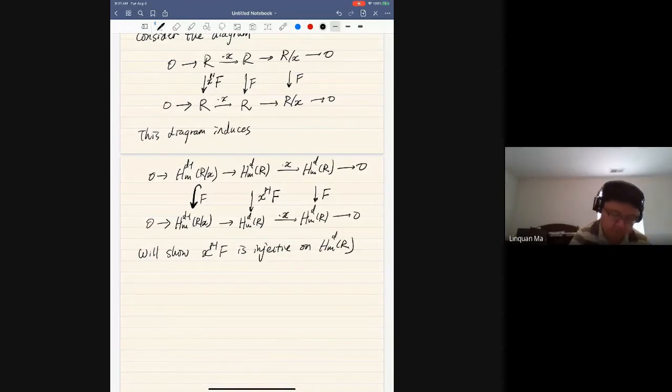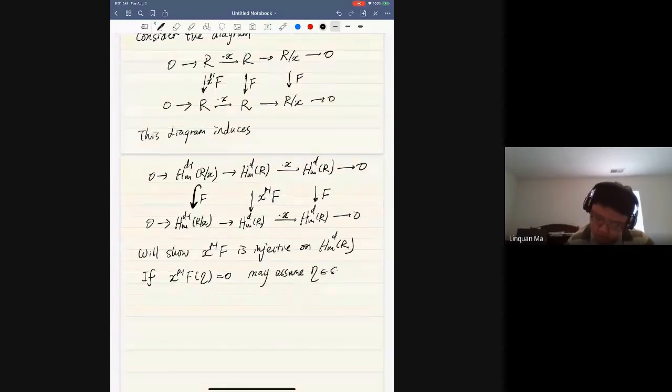So if something is in the kernel, then we may assume eta is in the socle, because for any element in the local cohomology, I can replace it by a multiple.